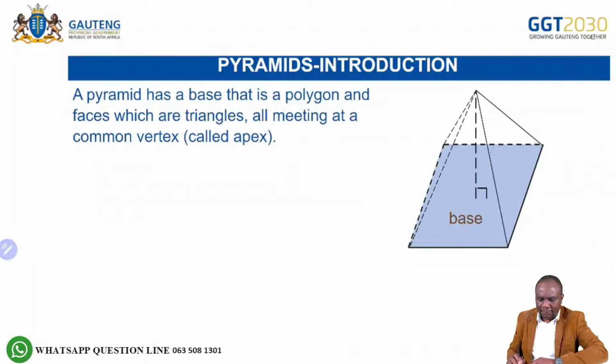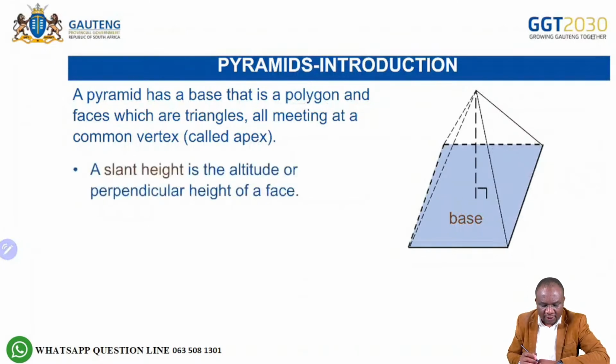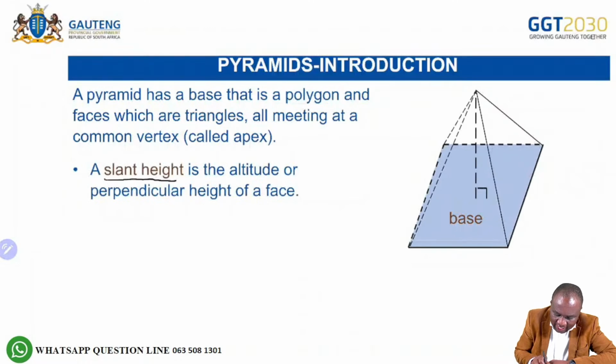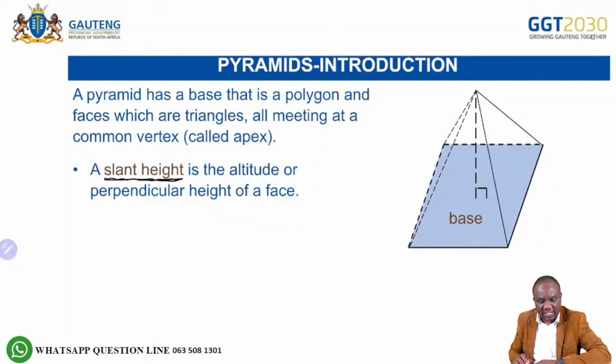Okay? And then we have the height of these faces which make up this pyramid. The triangular faces, which we call the slant height. The slant height is the altitude or perpendicular height of a face.